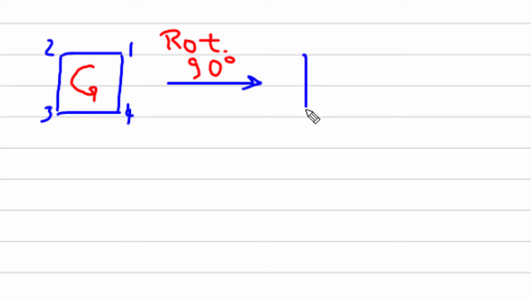The result here is not too difficult to guess, so you end up with a square which looks like the square which went into this experiment here. 1, 2, 3, 4, just the numbers changed.